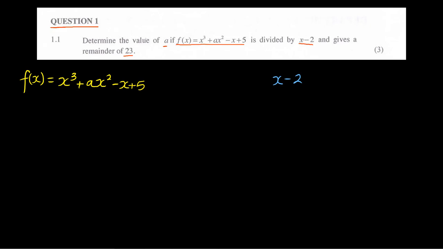Whenever they say it's divided, what you need to do is to equate that to 0 and you solve for x. Therefore, x is equal to 2. The negative will change to become a positive so that it becomes a 2.